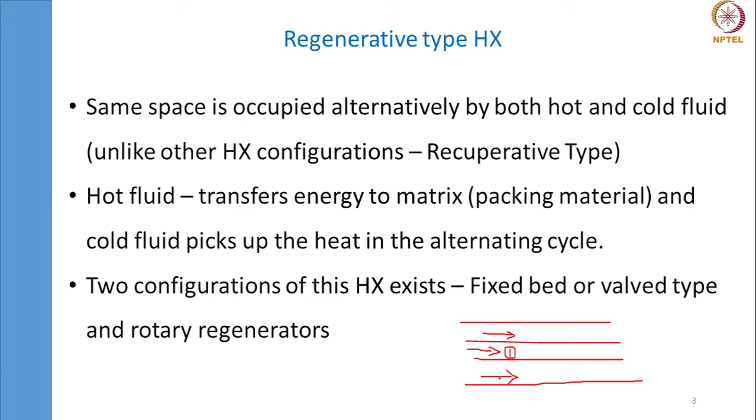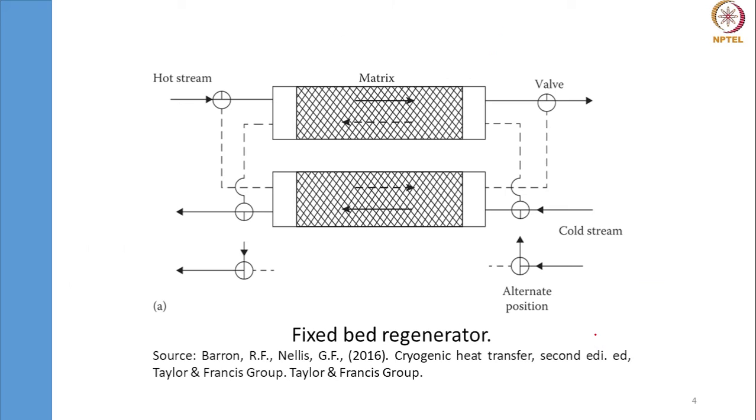Here we only have a parallel flow regenerative type heat exchanger or a counter flow regenerative type heat exchanger. So we can divide this regenerative heat exchanger into two categories. First one is called a fixed bed or a valved type regenerative heat exchanger, and the second one is called a rotary regenerator. We will focus only on this one in this class.